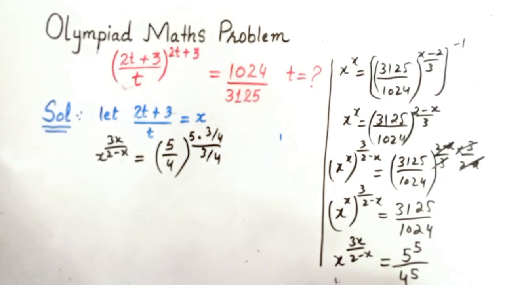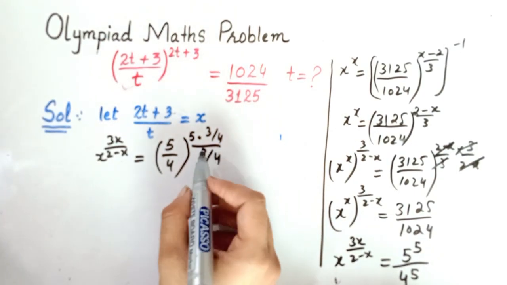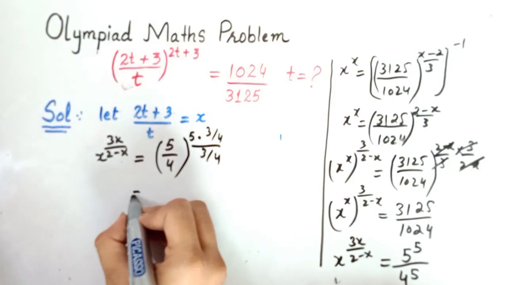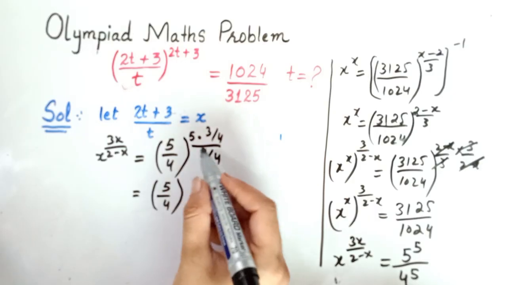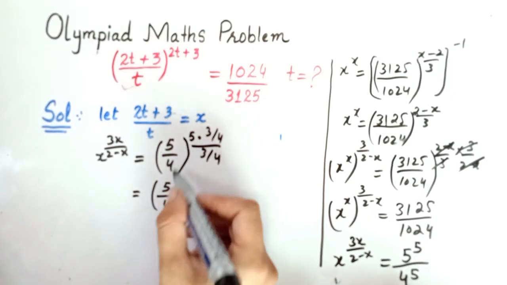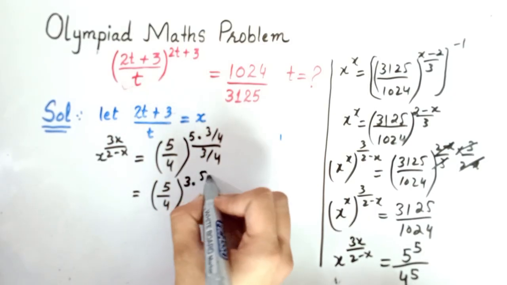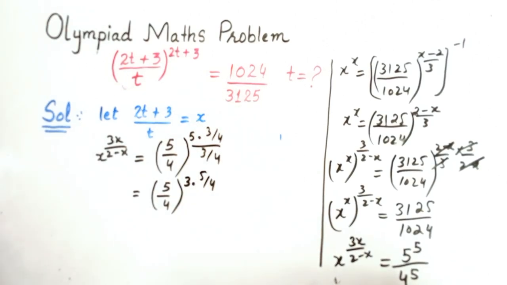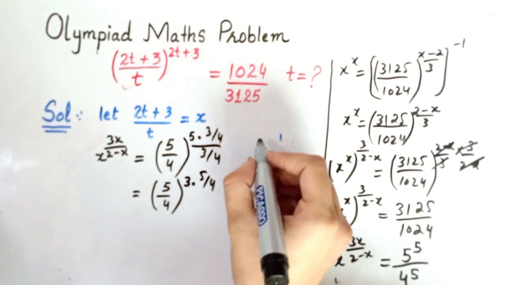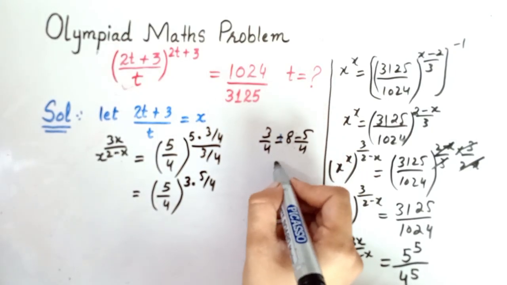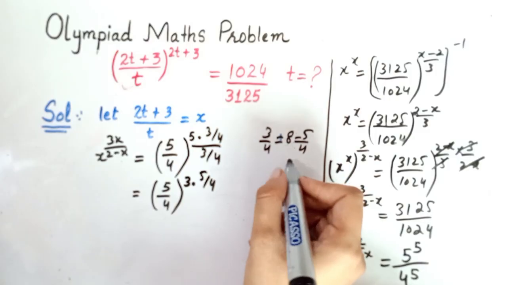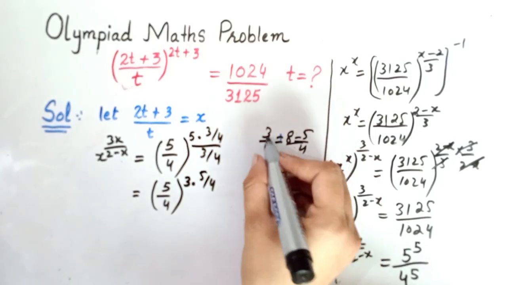So this will become 3 into 5/4, and its power can be written as follows. The reason is that 3/4 equals 8/4 minus 5/4, because 8 minus 5 is 3.